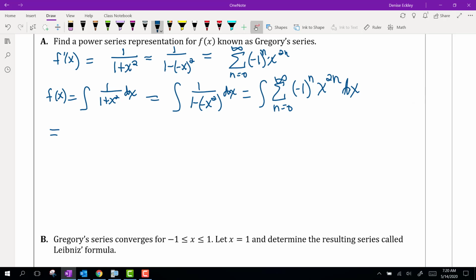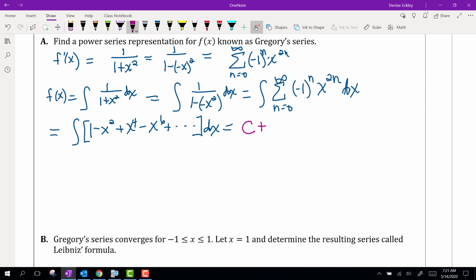So we are going to have the integral of 1 minus x squared plus x to the 4th minus x to the 6th plus, and going on like that, dx. That's going to give us these terms when we integrate it. Now I'm going to be a stickler here since this is an indefinite integral and the terms go on forever.